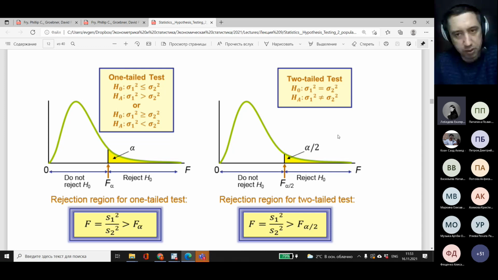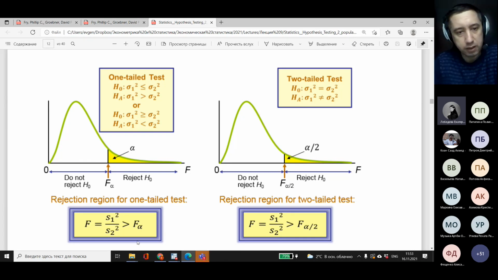Two-tailed test is a simple comparison, when we need to check whether the variance is different from a certain number, from another variance, or whether two variances are equal. If we work with a one-tailed test, we don't have to divide alpha by 2. If we work with a two-tailed test, please don't forget to divide it by 2.